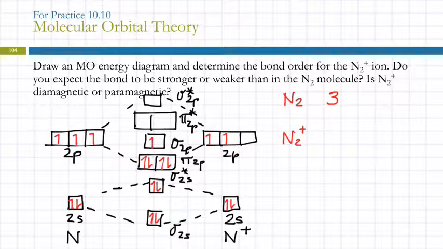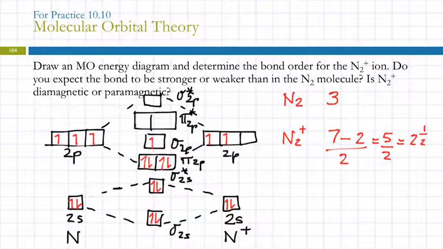We've got 7 in bonding orbitals. And how many in antibonding? 2. So 7 minus 2 divided by 2. So that's 5 over 2, which is 2.5. Bond order 2.5, bond order 3.